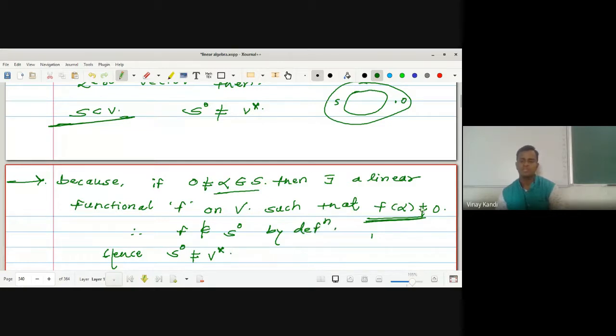If f of alpha is equal to 0, then f belongs to the annihilator of S. But here f of alpha is not equal to 0. That's why f is not an element of the annihilator of S. So this function f belongs to V star, but f does not belong to S dot. That means S dot is not equal to V star, that is, the annihilator of S is not equal to V star.